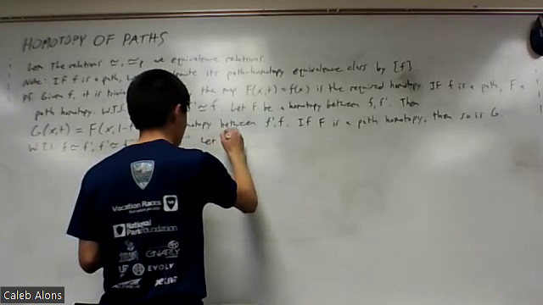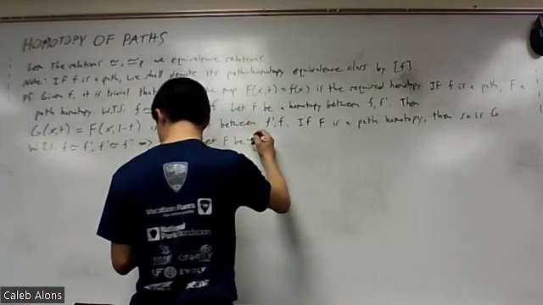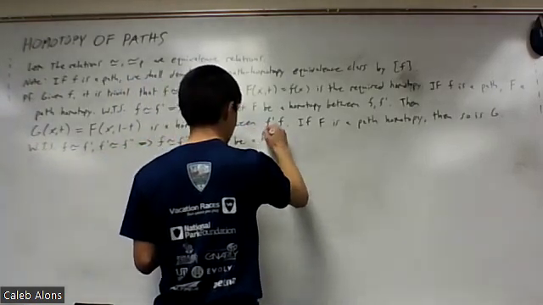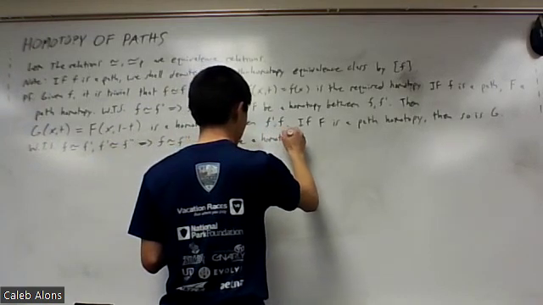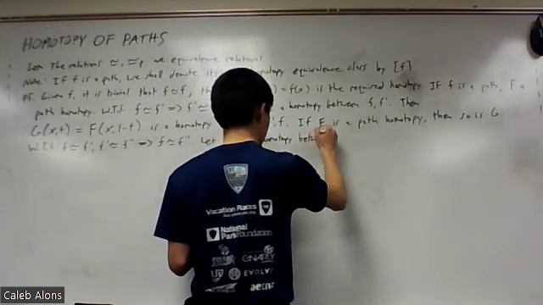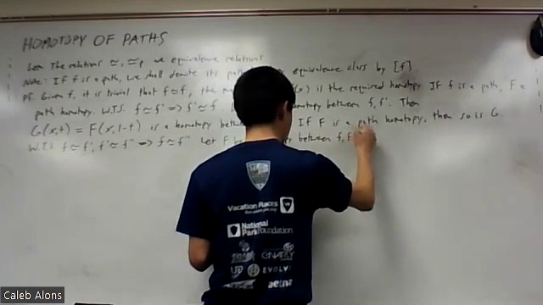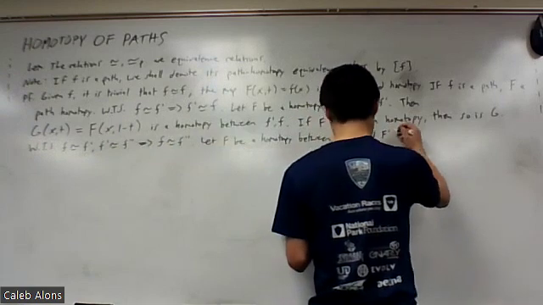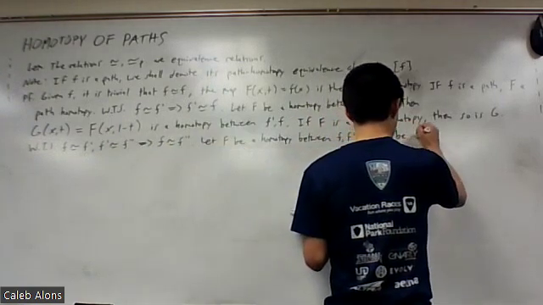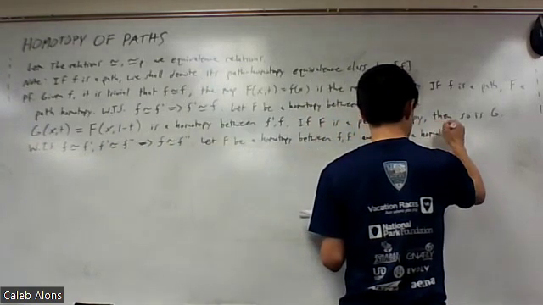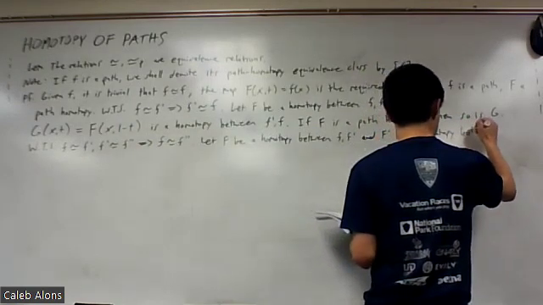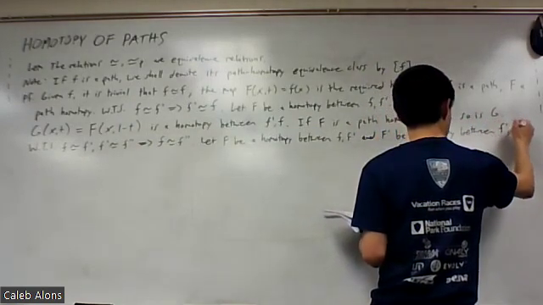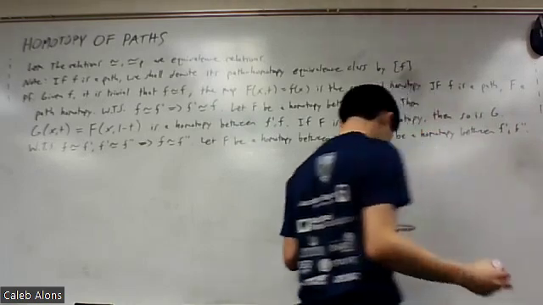Let F be a homotopy between the first two, so f and f prime, and F prime be a homotopy between the next two, f prime and f prime prime.